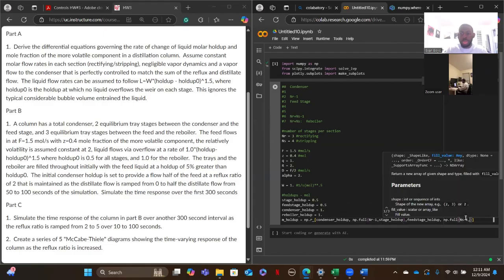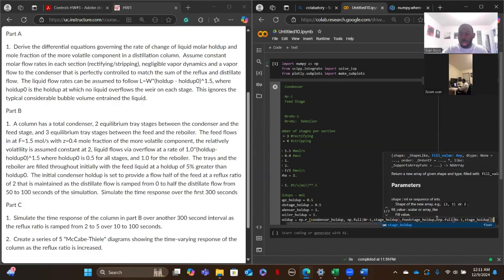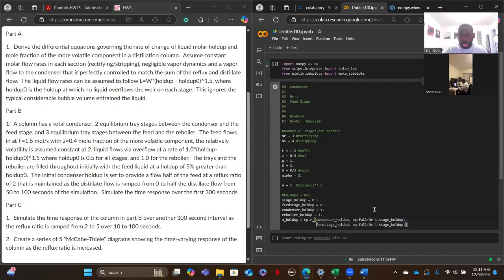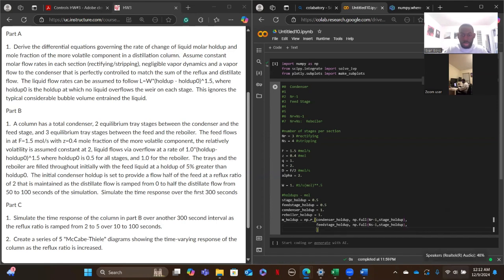And then fill it with stage holdup. And then lastly, we will just do our reboiler. Okay, so this works now.